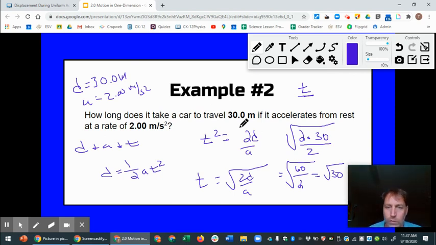So my answer is going to be 5.48 seconds. There we go. That's our final answer. We wanted the time. So how long does it take a car to travel 30 meters if it starts at 0 and accelerates 2.00 meters per second every second? It's going to take 5.48 seconds.